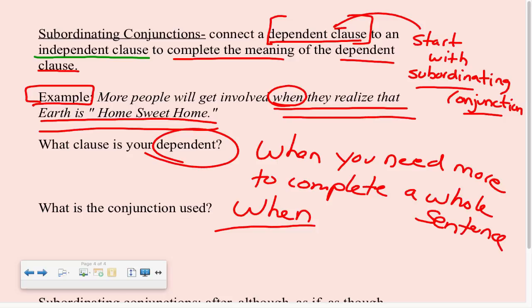So when you need more to complete a whole sentence, that is what we're talking about. It starts with a subordinating conjunction generally, and then it continues throughout.